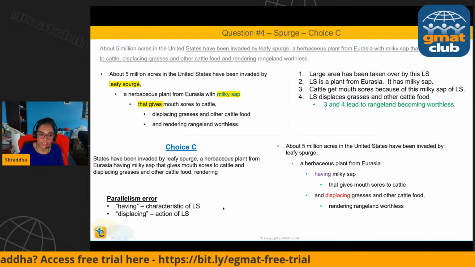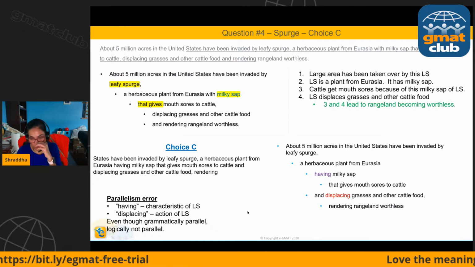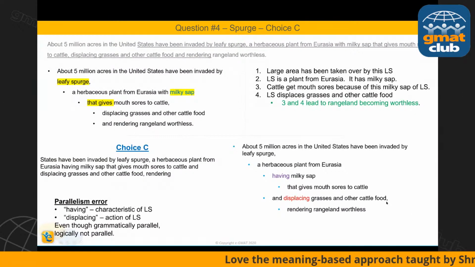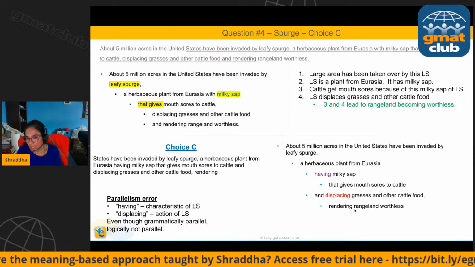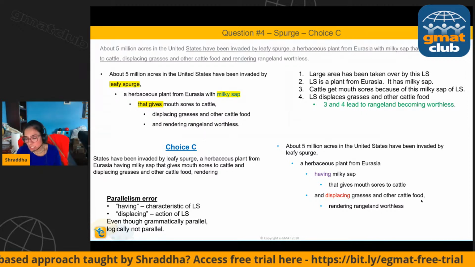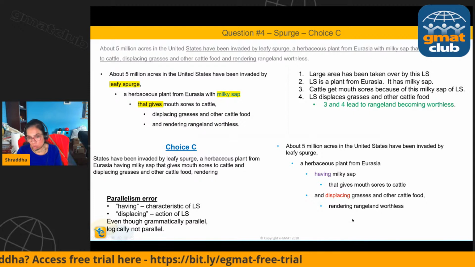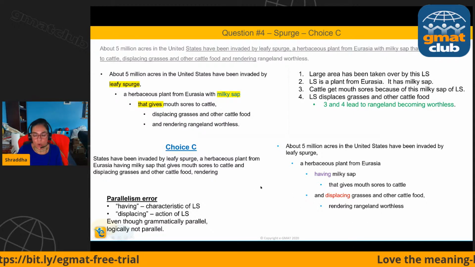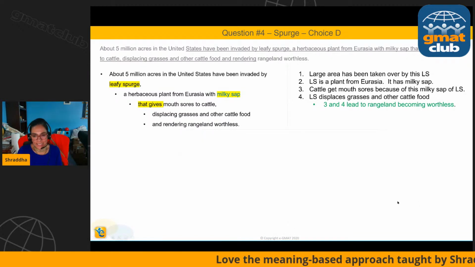And we cannot have a feature and an action parallel in this sentence. So that's one problem. And another problem is the logical issue. Comma plus verb-ing modifier rendering. Which action is it modifying? We have no idea because there is no clause before the comma in the sentence. Okay? There is no clause here. So that's the problem with this answer choice. Okay, let's move on to choice D now.